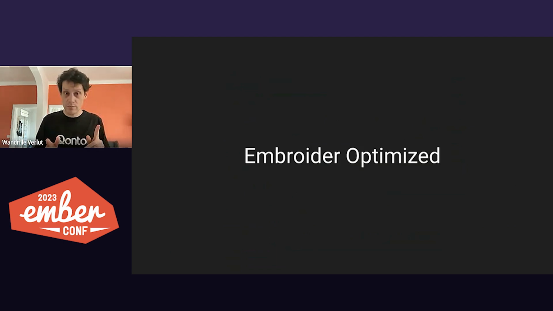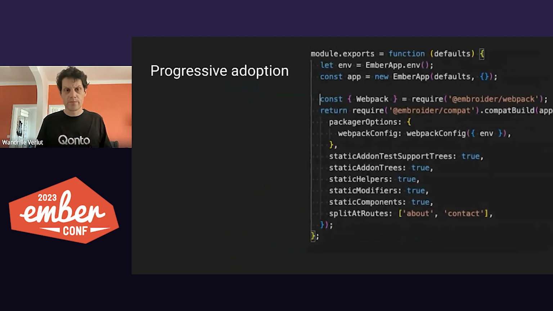But remember, we have shipped our apps with all of the compatibility mechanisms and none of the optimizations. That means very few benefits from Embroider. So Embroider itself allows gradual adoption of its optimizations, and that's really, really helpful.